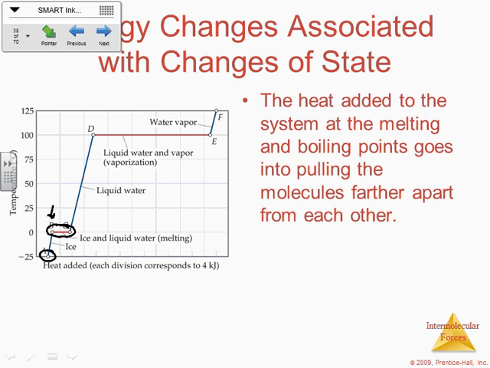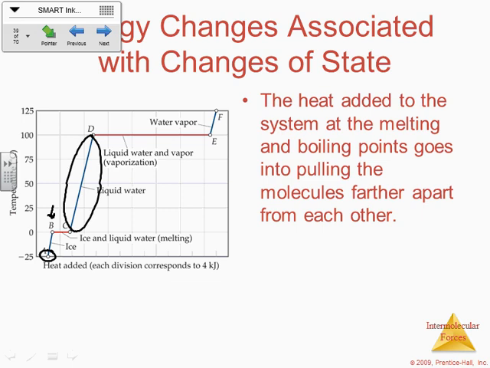Now, that doesn't take a lot of energy because they're still close. They're just sliding past one another now instead of being held rigidly in place. That doesn't take a lot of energy, okay? But that's what's going on from B to C, and that's why the temperature doesn't change, because the heat is now not going into changing the temperature or the average kinetic energy of the particles. Now it's changing the attraction of the particles for one another, the intermolecular forces. Okay.